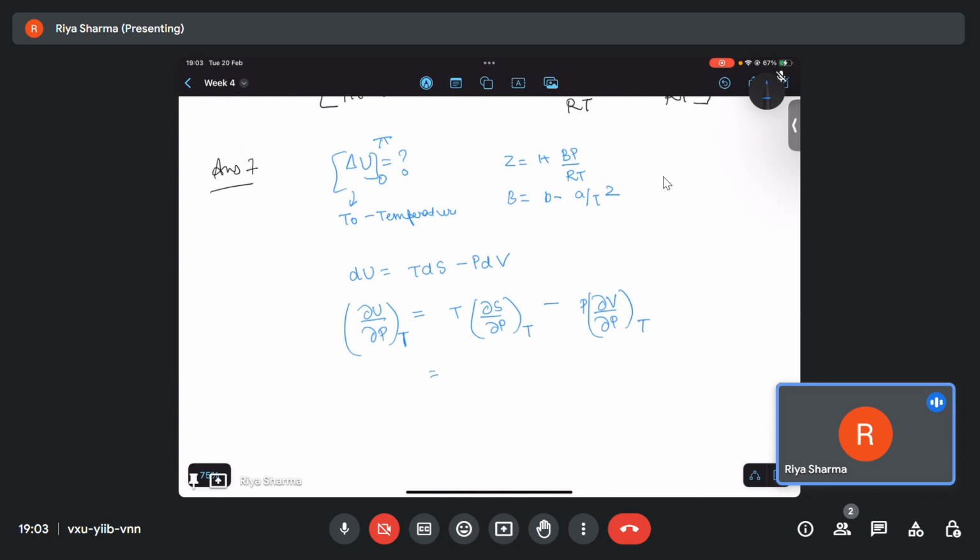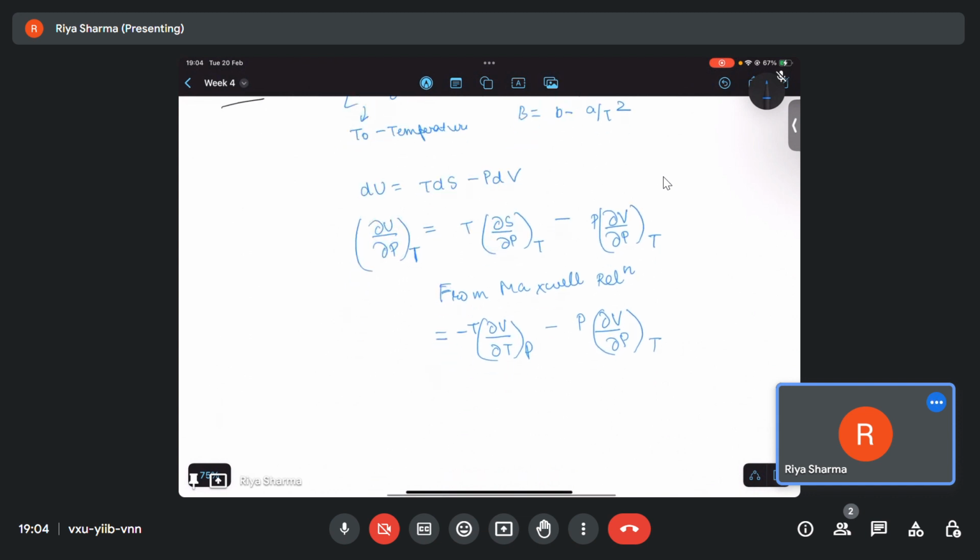And from the Maxwell relation, this will be equal to minus T del V by del T at constant P minus P del V by del P at constant T. Okay, so we are right now here.